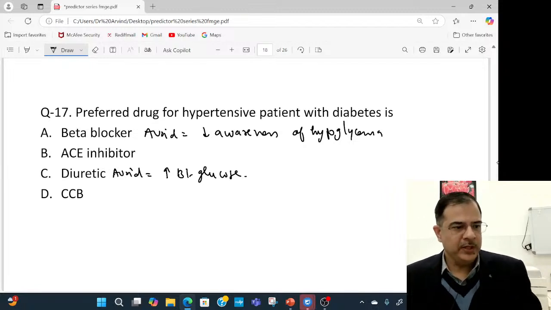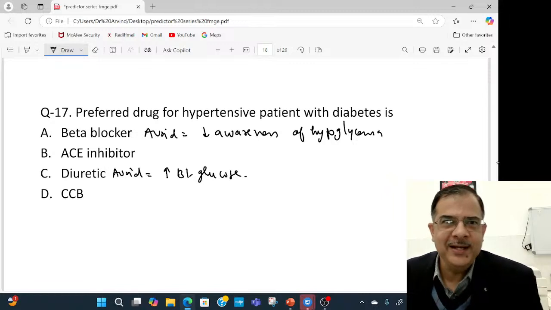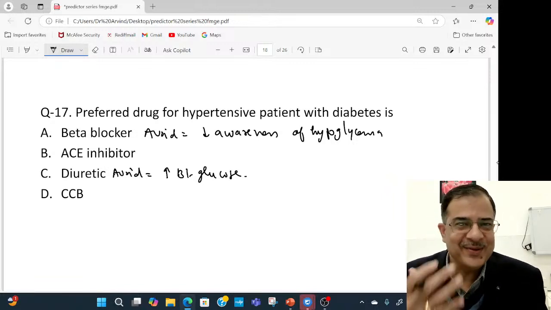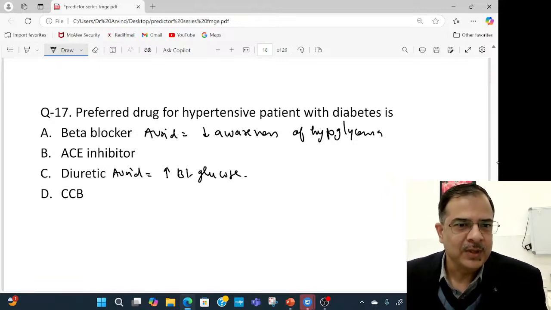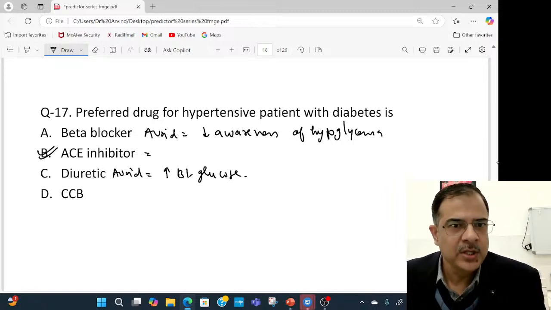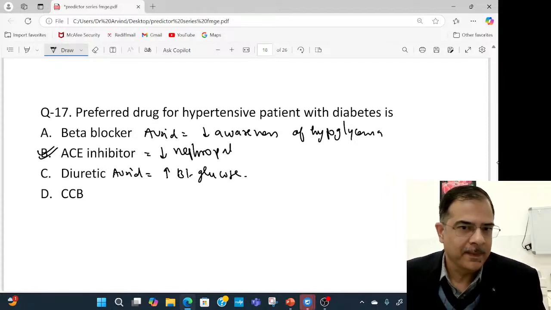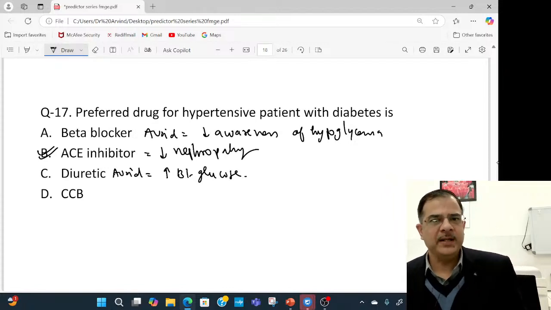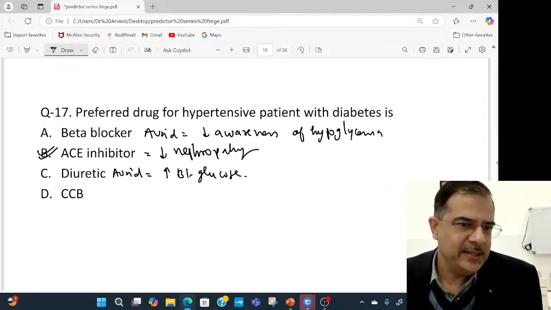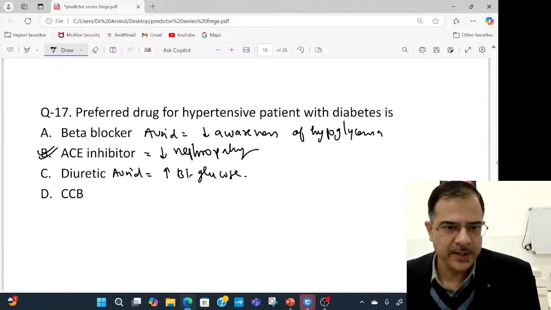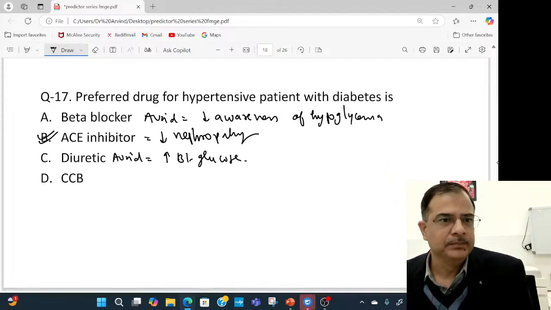In practice, do we give carotid massage? Yes, commonly. So it is very common. Now, out of ACE inhibitor and CCB, we give ACE inhibitor because they also decrease the chances of nephropathy. So hypertensive with diabetes, ACE inhibitor will be the preferred agent in this condition.